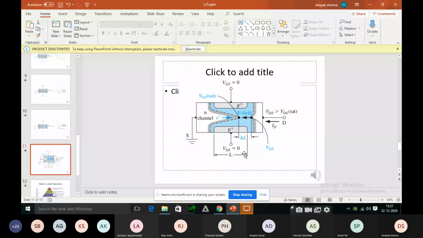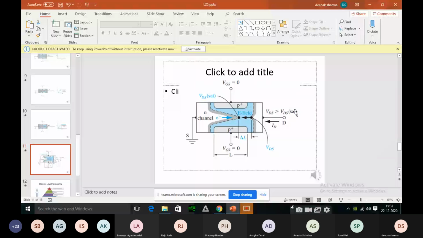Here, if the VDS, that is the applied voltage at the drain, is increased more, that is, it is crossing the VDS saturation. What is VDS saturation? It is the voltage at which saturation has happened, the pinch off has happened.